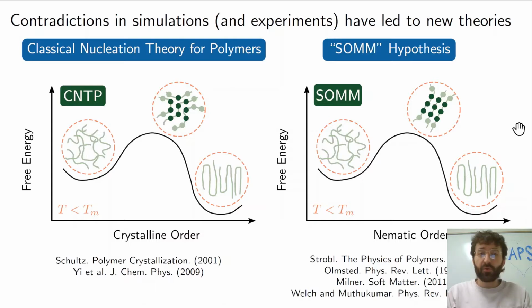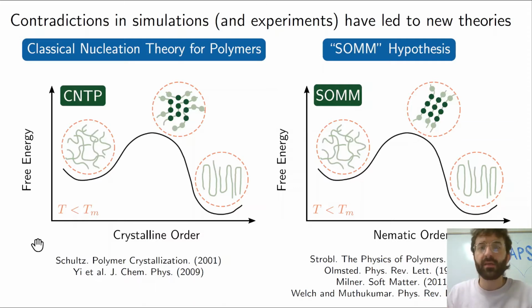The usual or traditional way of looking at this is through classical nucleation theory, which suggests a free energy landscape or a free energy path along crystalline order. Essentially, when you lower the temperature below the melting point, a melt that you see here on the left becomes metastable.